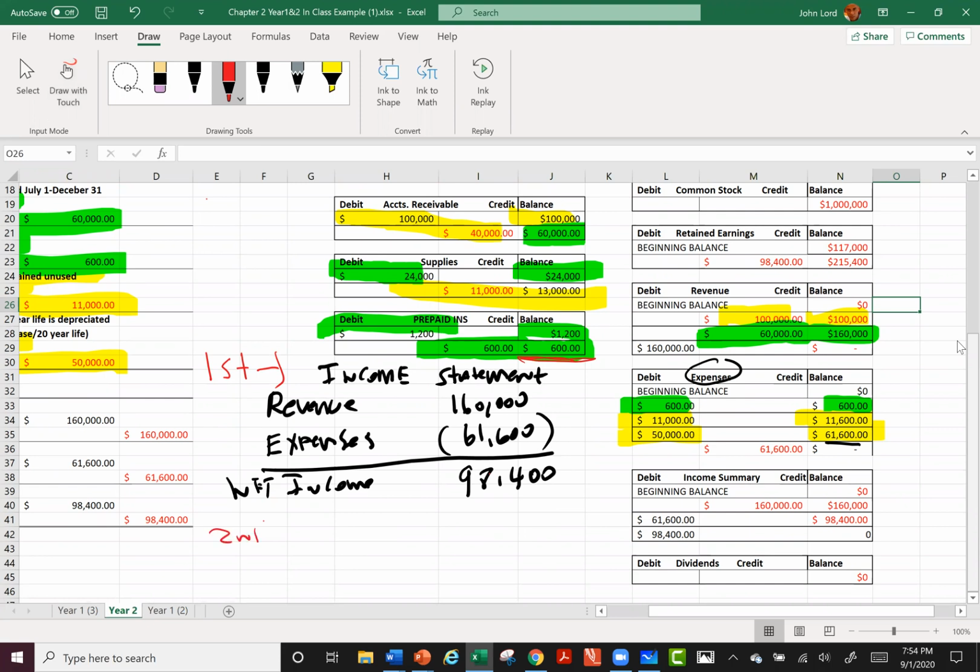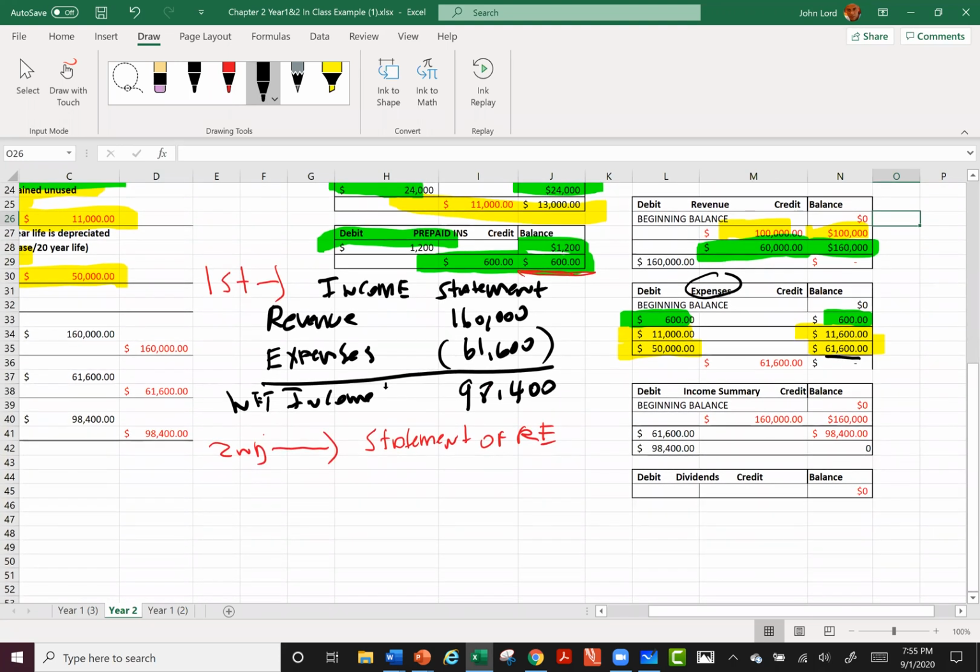Okay. All right. So what happens? Sorry, guys. What statement is second? Retained earnings statement. Good. Statement of retained earnings. Good. Okay. And so we're going to have a beginning balance.